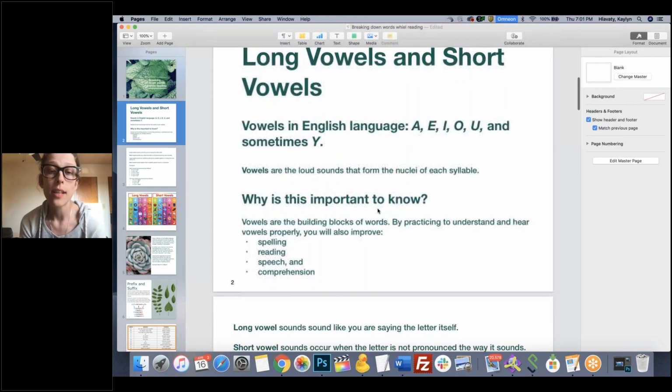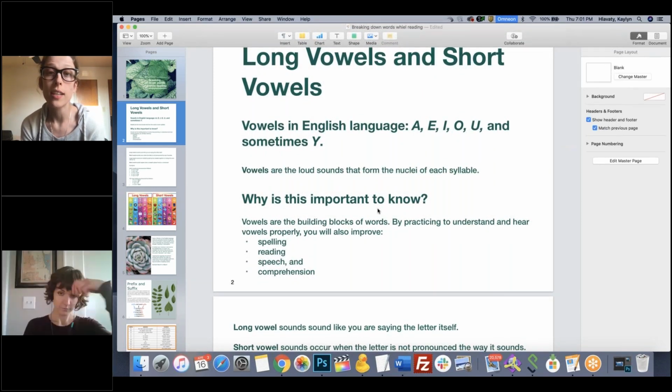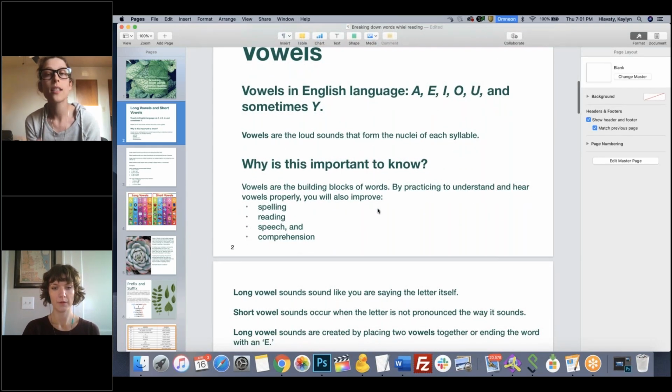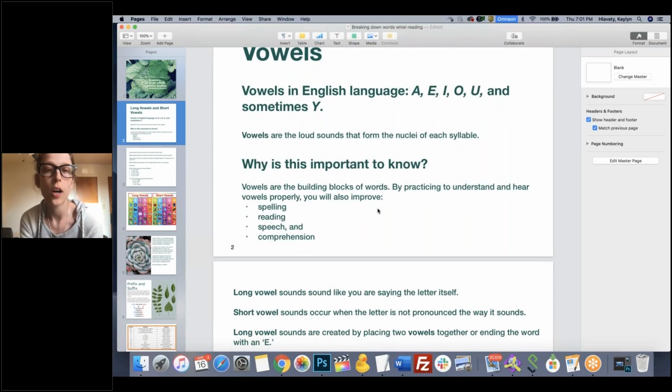Vowels are the loud sounds that form within each syllable of a word. Why is this important to know? Vowels are essentially the building blocks of words, and by practicing and understanding vowels, it improves your spelling, reading, pronunciation, and comprehension of a word.